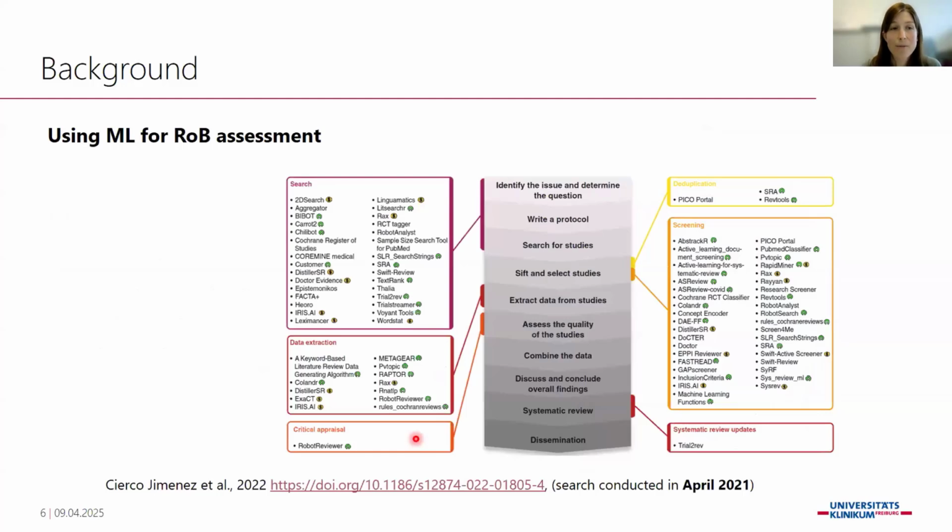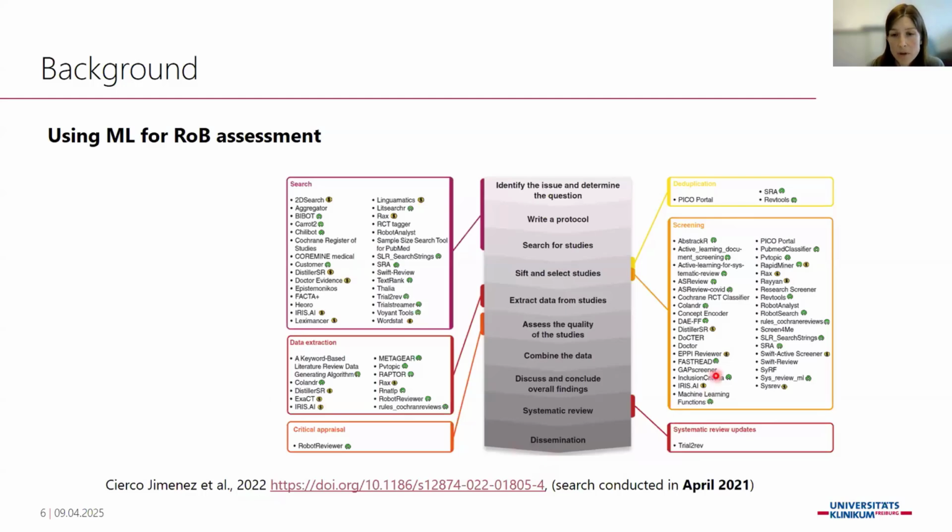So, starting with the more traditional machine learning for risk of bias assessment. What I would like to show you first here is a figure from a mapping review published in 2022, conducted in 2021 by Pierre Jimenez. What he did is that he summarized all kinds of machine learning approaches that facilitate systematic review production, so support the conduct of systematic reviews.